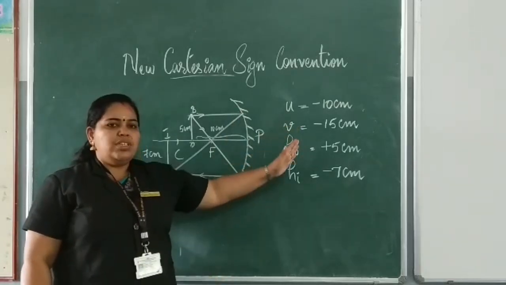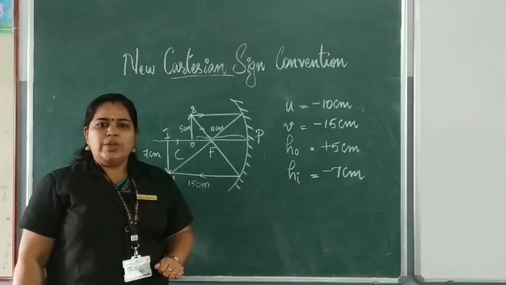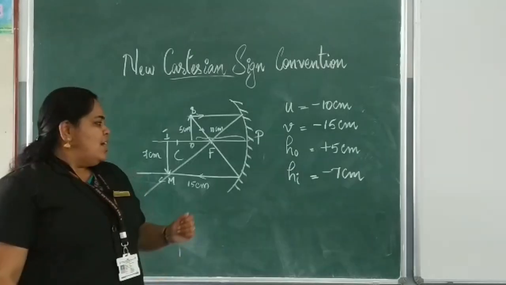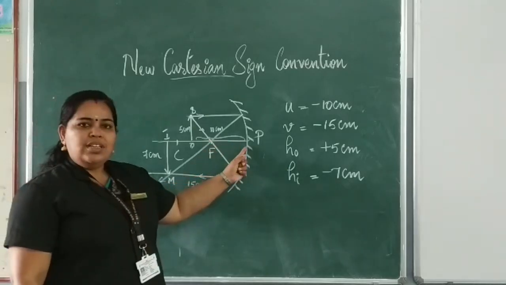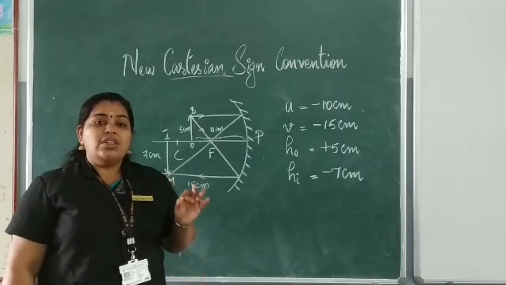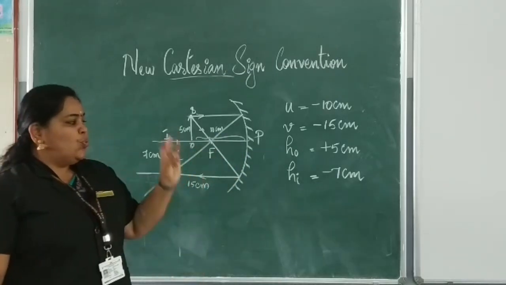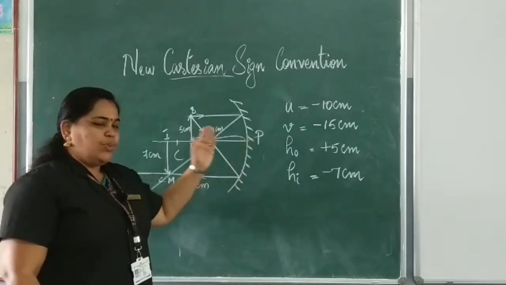We have to put this sign. Clear? So shall we do one problem? And what will you call the distance from this focus to the pole? It is the focal length. So we can tell for a concave mirror u, v, f will be negative, because it is to the left hand side.